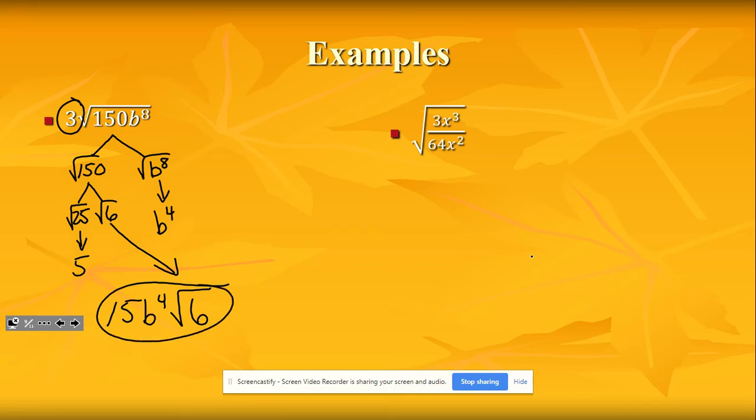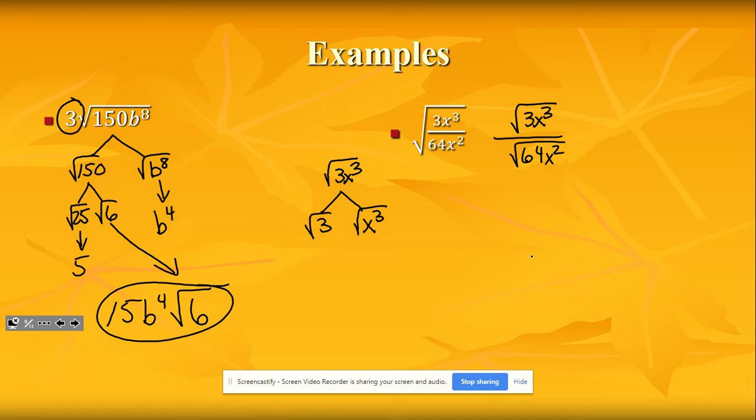For the right side, use the division property of the radicals and break it up. Now we'll attack each of these individually. So I have radical 3x to the third, and I simplify that to radical 3 and radical x to the third.